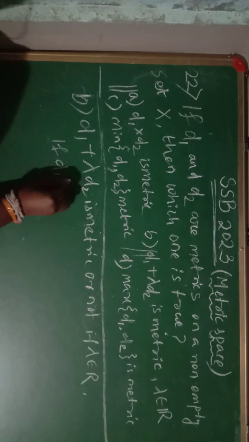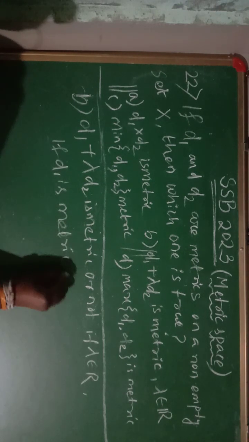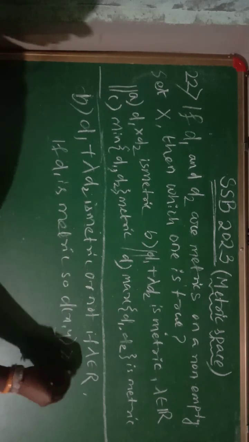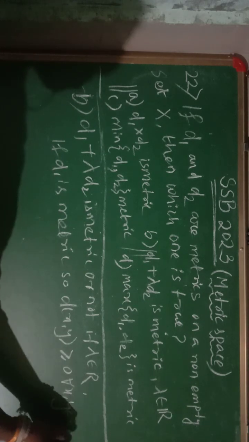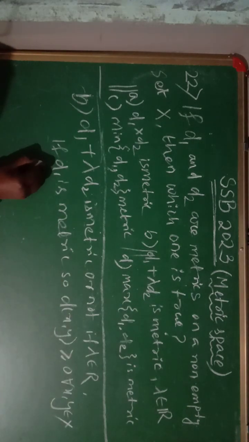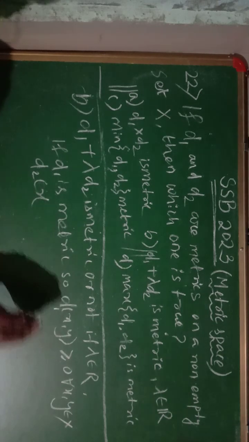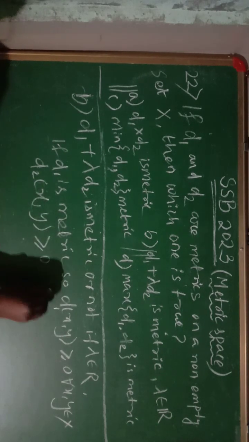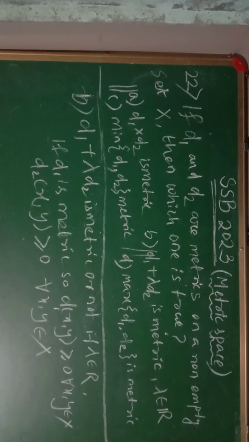If D1 is a metric, then D of X comma Y is always greater than or equal to 0 for all X, Y belonging to capital X. Similarly, D1 of X comma Y and D2 of X comma Y are always greater than or equal to 0 for all X, Y belonging to capital X.